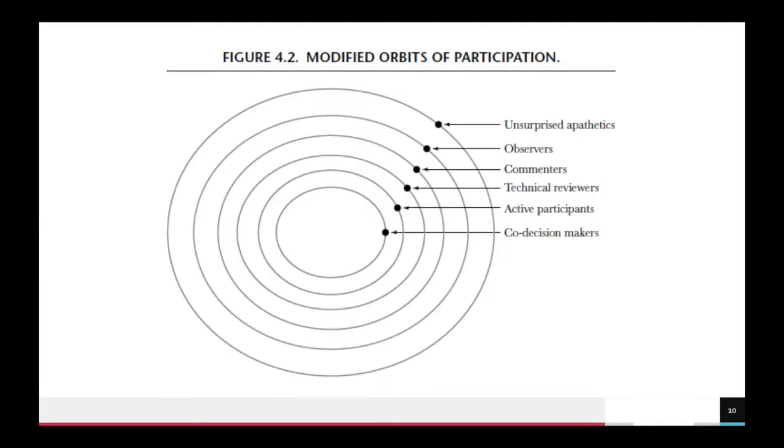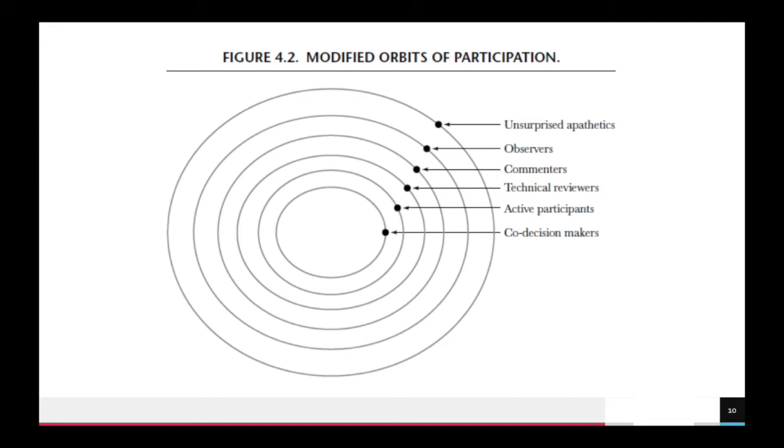Lawrence Agins, one of the most experienced practitioners in the field, developed the orbits analogy and terminology. Agins views the orbits as comparable to the structure of the atom. As he describes it, think of each level as an orbit of activity around the project nucleus, the decision-making process.